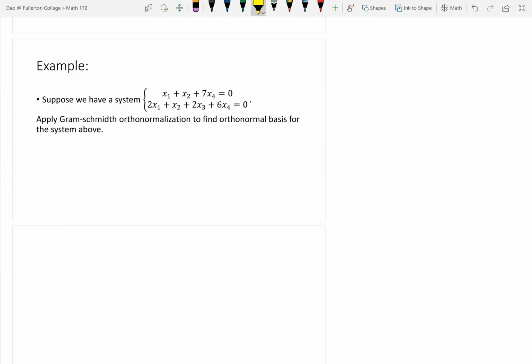So suppose you have this system and apply Schmidt's orthonormalization to find the orthonormal bases for the system. Well, we have to go all the way to B double prime. But you don't have the basis, so we must find the basis first.